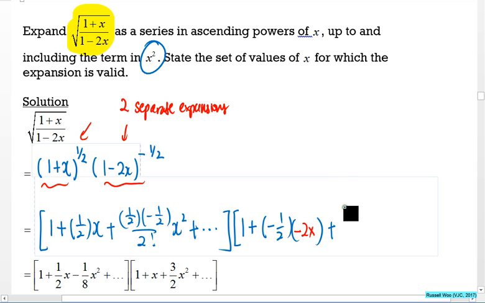Plus minus half times minus 3 over 2, over 2 factorial, times minus 2x squared. Again, you plus dot dot dot and you close the bracket.